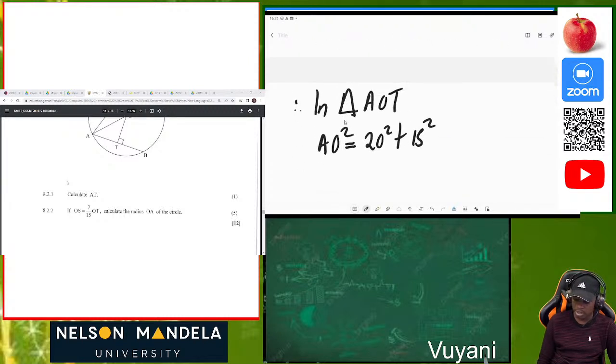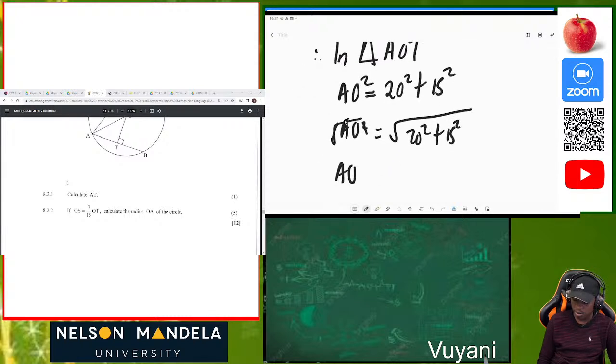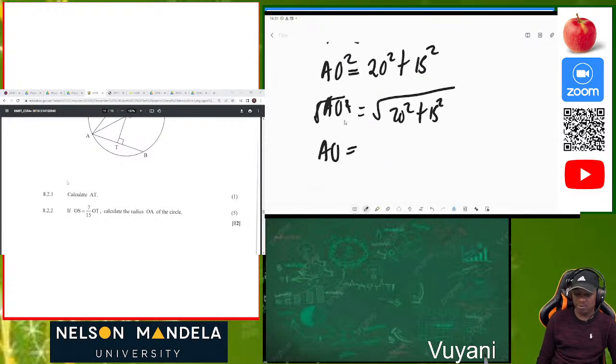Then we need AO, so we square root both sides. Then AO is equal to the square root of 400 plus 225. You use your calculator, under the square root, so that you get your answer. So therefore we have our AO to be 25.